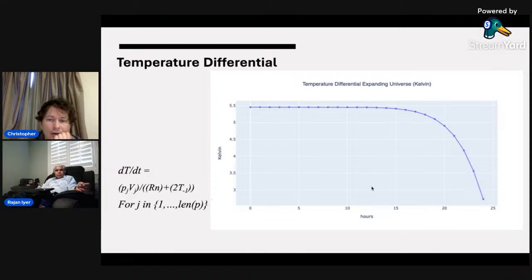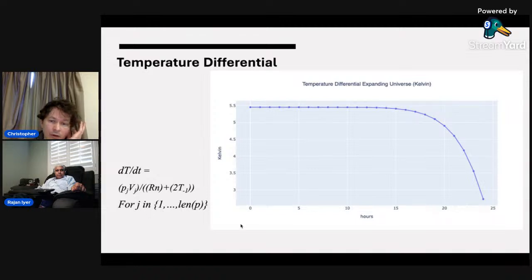So since we already know the temperature of the universe, we can extrapolate backwards to get the temperature differential, dT over the differential of the time, using the ideal gas law.